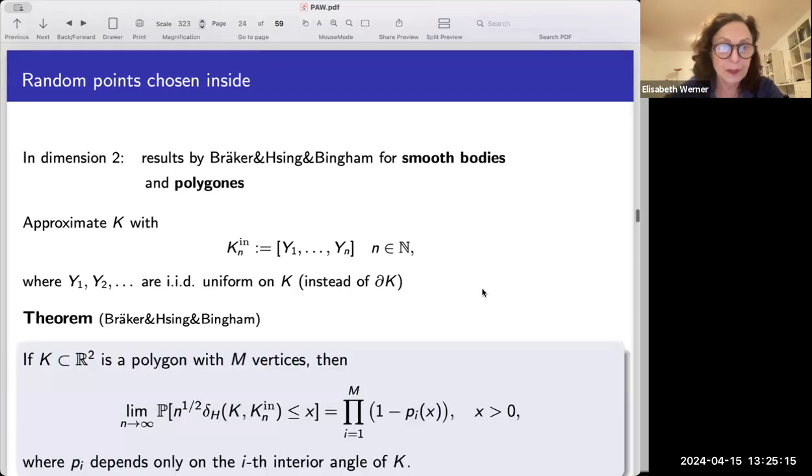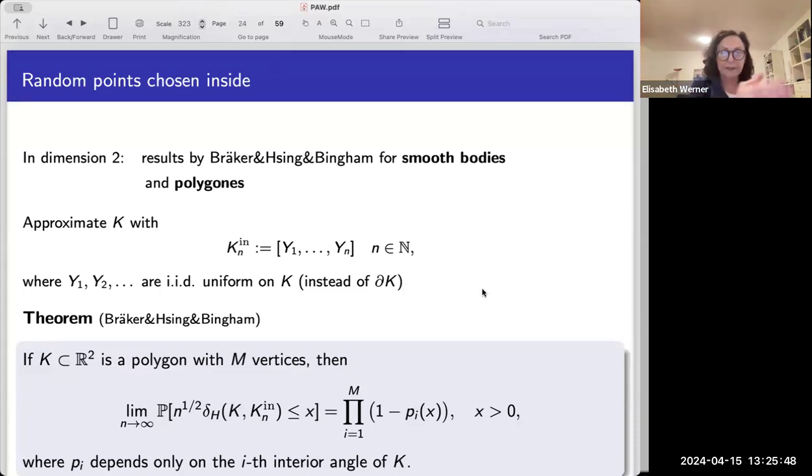Then the result by Brunel, Hsing, and Bingham says that if K is a polygon in R2 with m vertices, then they have a result about the convergence of the distribution function, but not the result that we really want, which is a result on the expected Hausdorff distance between the body and a random polytope.